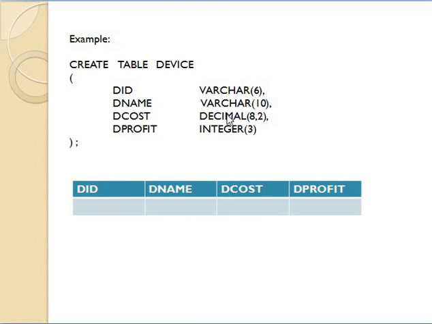That means if you supply a decimal value for the column dcost, the total number of digits for that value before the decimal point should not exceed 8. It can be either equal to 8 or less than 8, but it should not exceed 8.